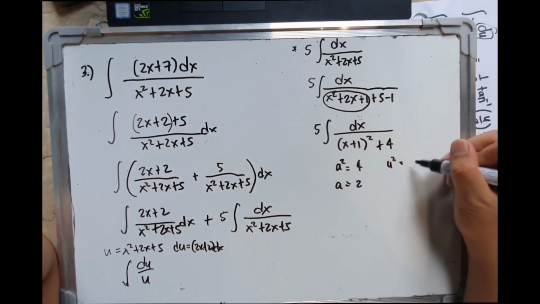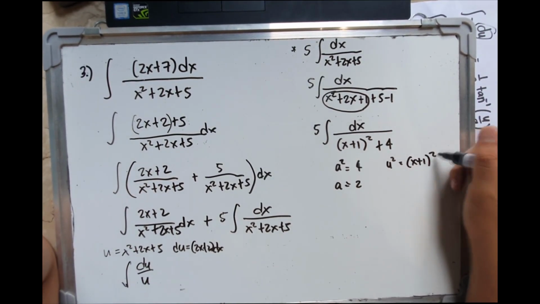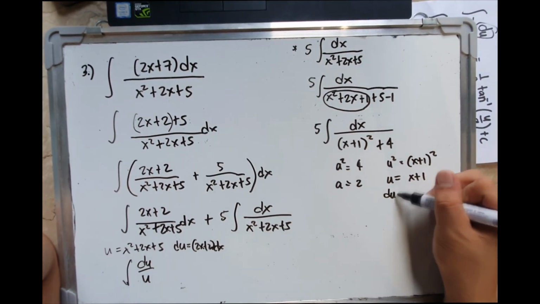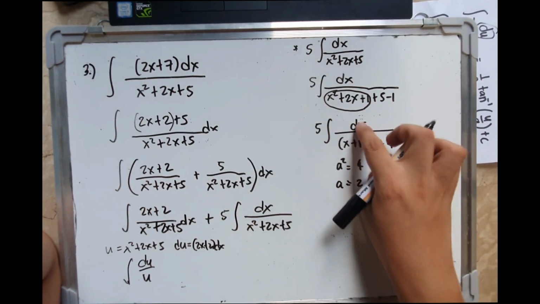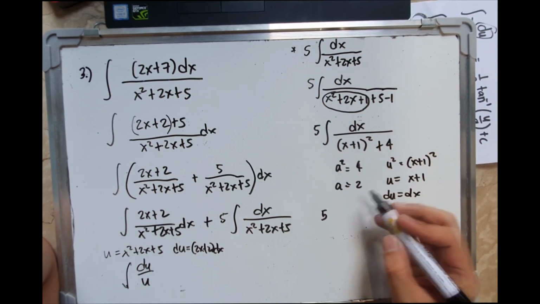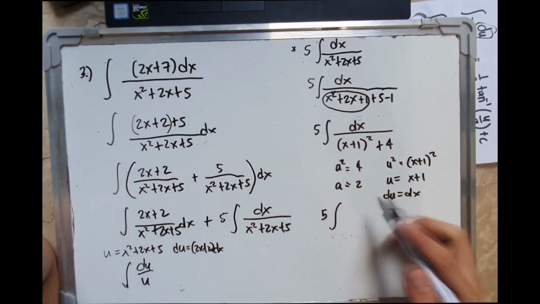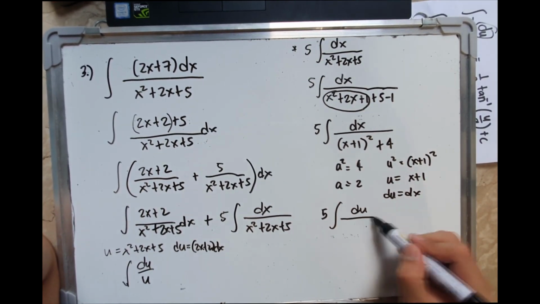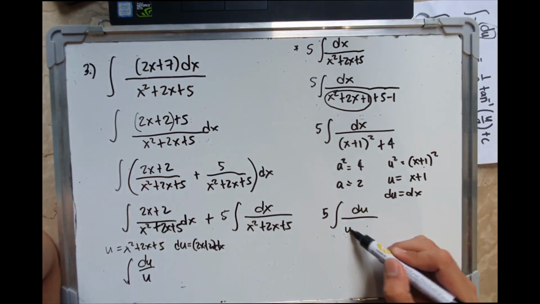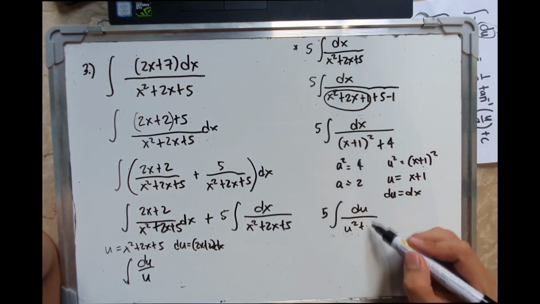The u squared is x plus 1 squared, so u is x plus 1. The derivative of u is dx, found in our numerator. So we have 5 times the integral of du over u squared plus a squared.